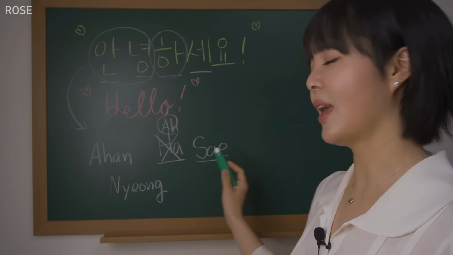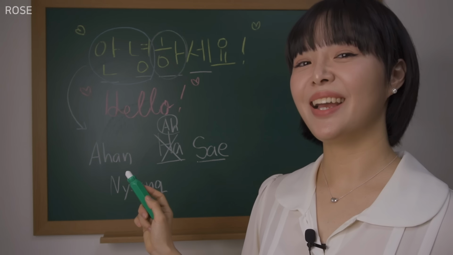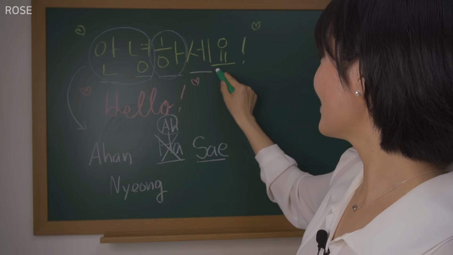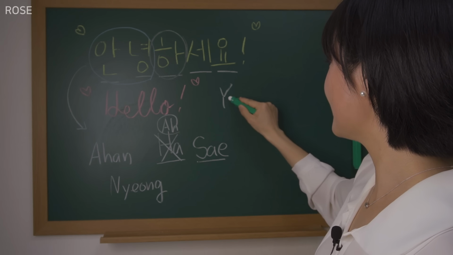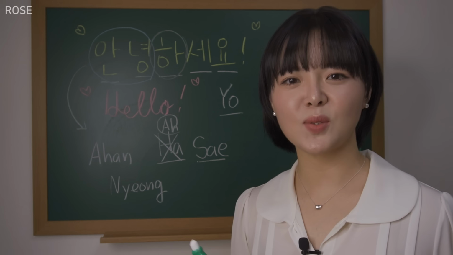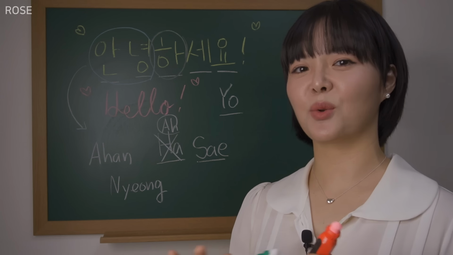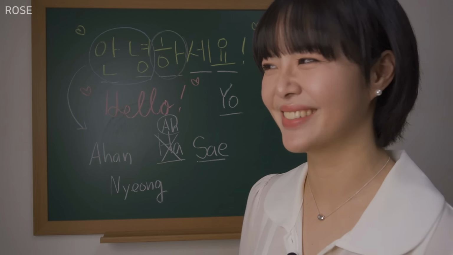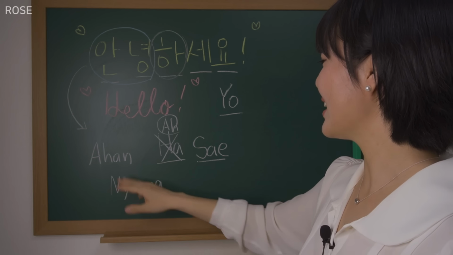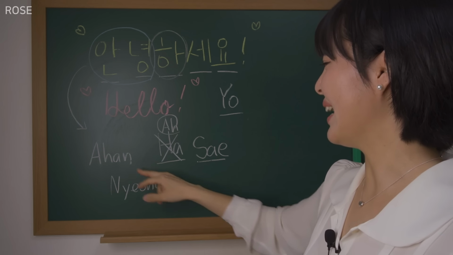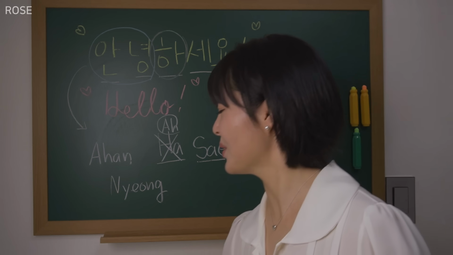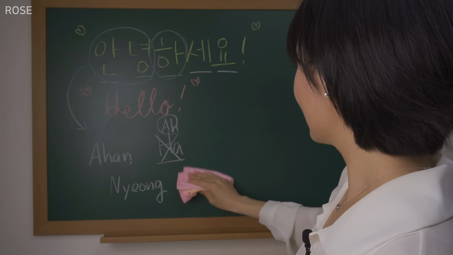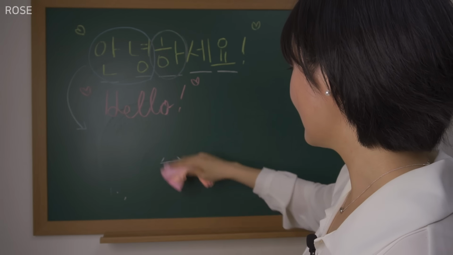Next one, say. Relatively easy, right? Say. And yo. Also the easiest part, yo. Please don't say yo, okay? It's Korean yo, very subtle. Let me write it in line so you can see it easily.